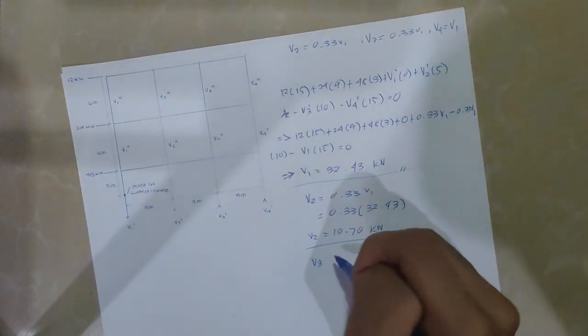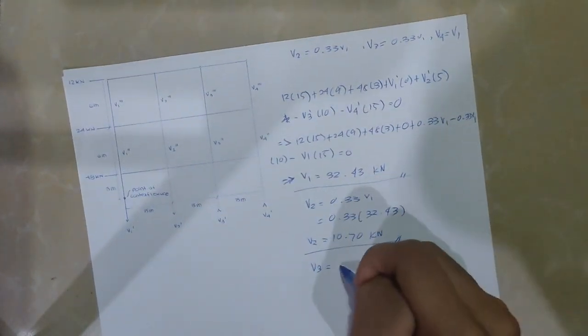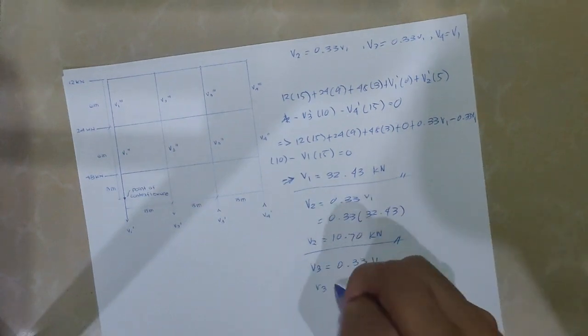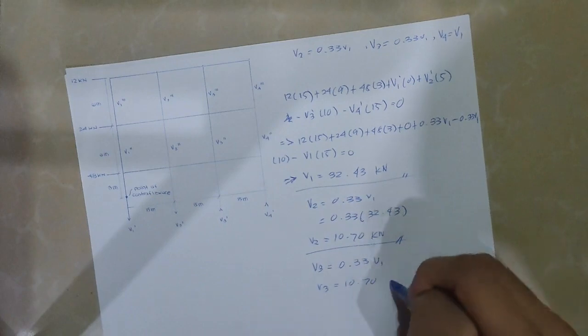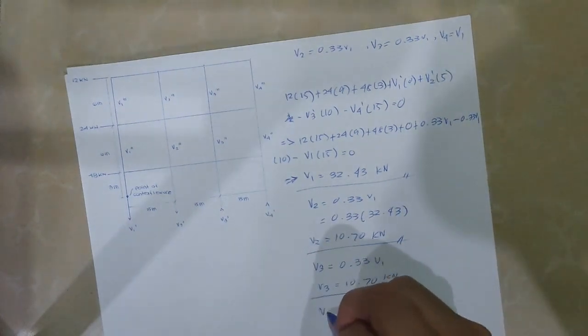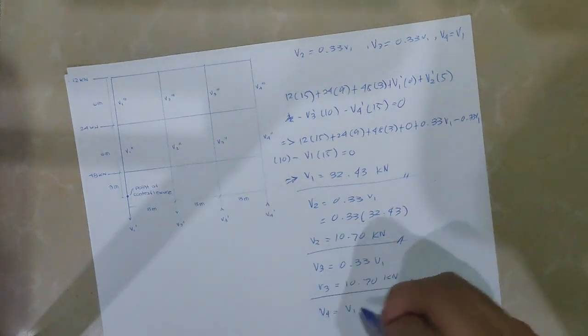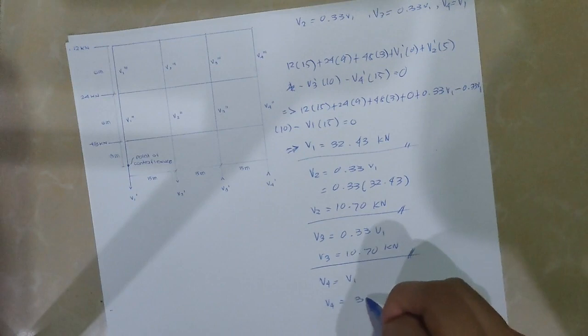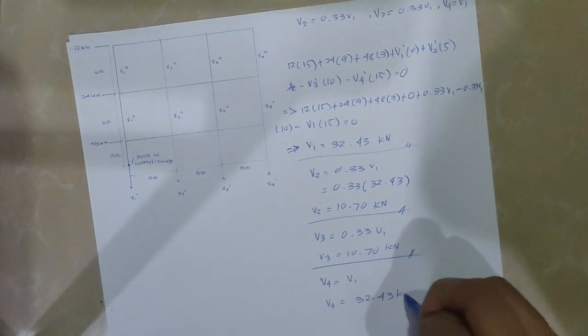Then V3 is the same value as V2, so V3 is equal to 10.70 Newton. And V4 is equal to V1, so V4 is equal to 32.43 kilonewton.